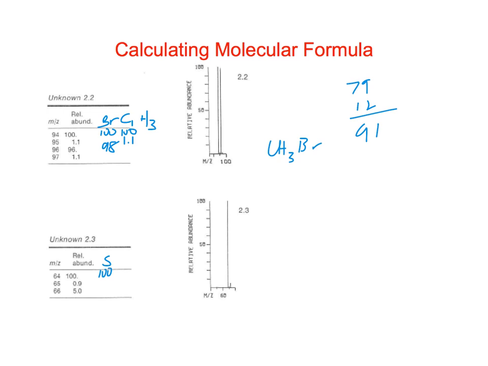For sulfur, 0.8 for the A plus 1, and 4.4. Okay, so we only have 0.1 left for the A plus 1, and we have 0.6 left for the A plus 2.